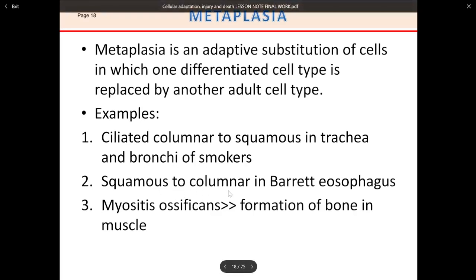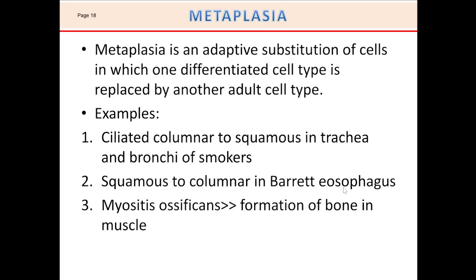Another example is squamous to columnar in Barrett's esophagus. This usually occurs when there is acidic reflux esophagitis. The acid content of the stomach is supposed to remain in the stomach, but because of esophageal reflux, the acid content goes into the esophagus.